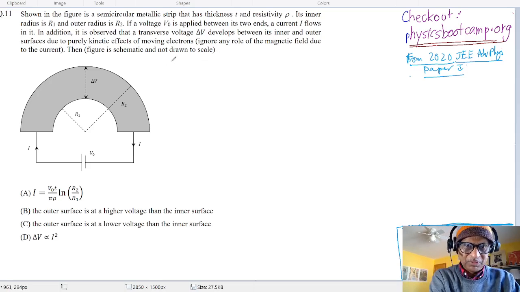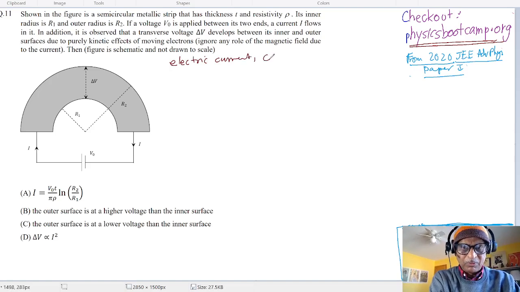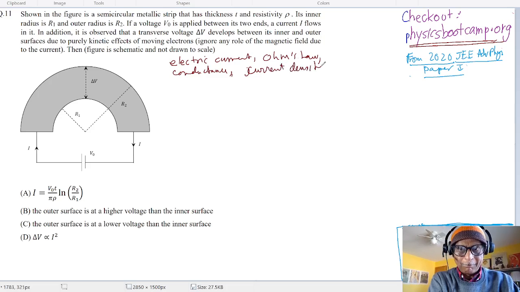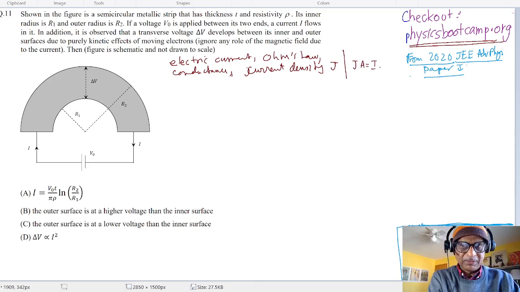So you need to know electric current, Ohm's law, maybe conductance, and I think down here you need to know current density, J, like J times area is current, that formula.